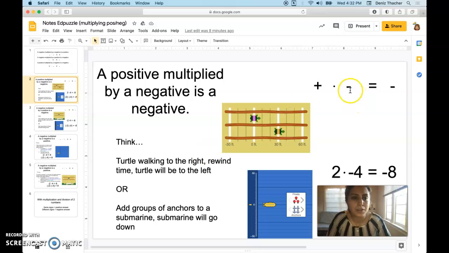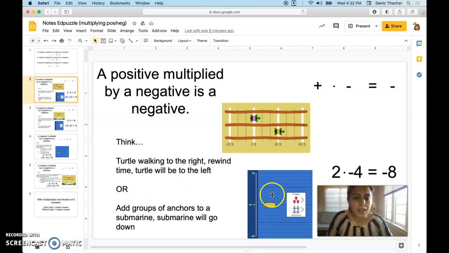However, because you're multiplying it times a negative, that time is being rewound, right? You're going into a different time. So maybe you're thinking about 5 minutes ago or 5 days ago. So you're rewinding the time. Once you rewind your time, the turtle will be to the left. So although you started out on a positive route, when you rewind, you're moving towards the left.